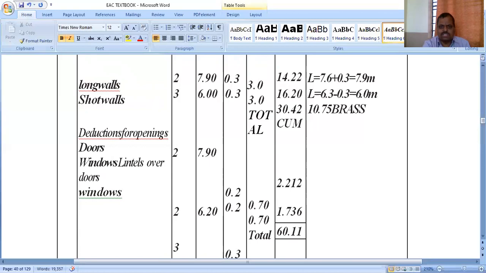Because after construction of brickwork, we come across a hollow portion, and we should deduct it. So for that purpose, first of all, we should calculate the number of doors and number of windows here.